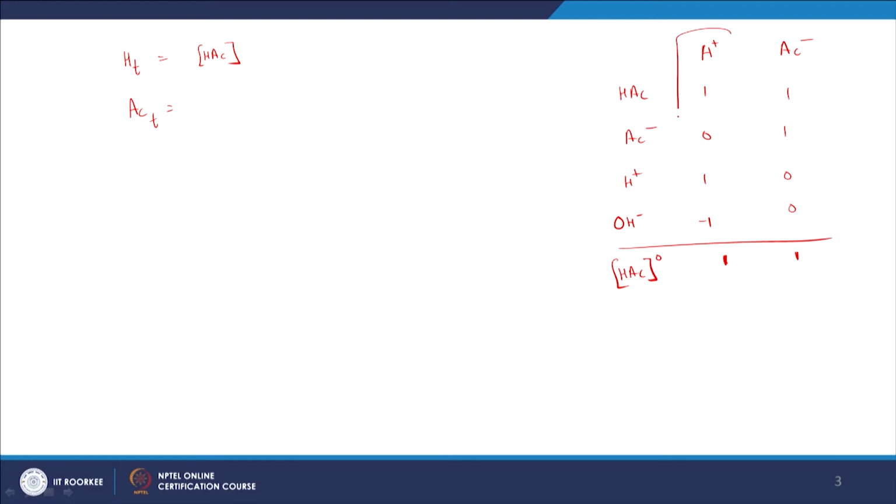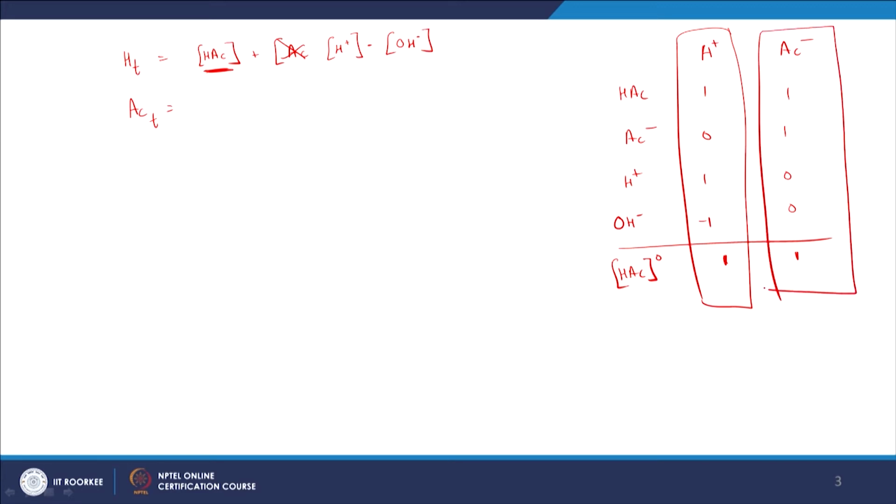So, this is my component balance now for H total, that is equal to 1 times HAC concentration. And what is this HAC? This is the equilibrium concentration now, right. So, H and AC minus, there is nothing in AC minus, plus H plus minus OH minus, and AC total, and what is that equal to? That is equal to HAC and AC minus.